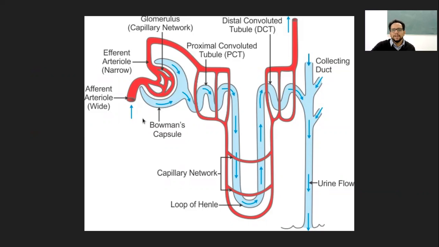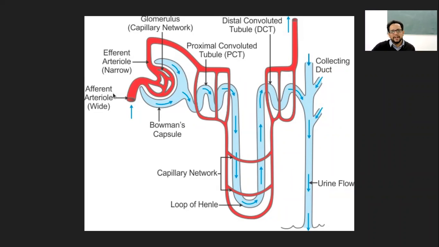But just to give you a brief idea, there is something called afferent, which is arriving. A stands for afferent, arriving, arteriole, that means they are bringing the blood to the nephron. And there is something called efferent, or exiting. E stands for exiting. So that means blood is going away from the nephron.